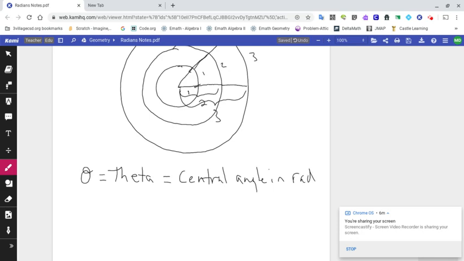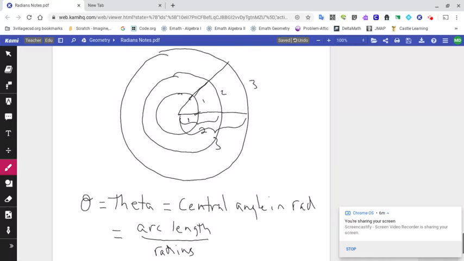equals the length of the arc divided by the radius. If the arc length is 1 and the radius is 1, that means that central angle is 1 radian. If the arc is 3 and the radius is 3, again it's 1 radian.